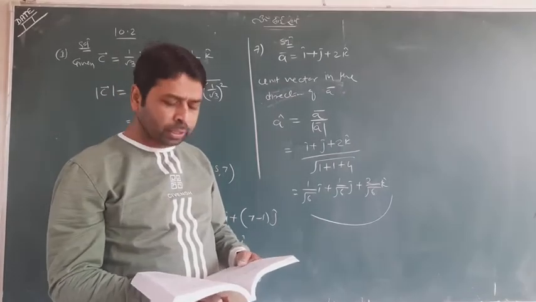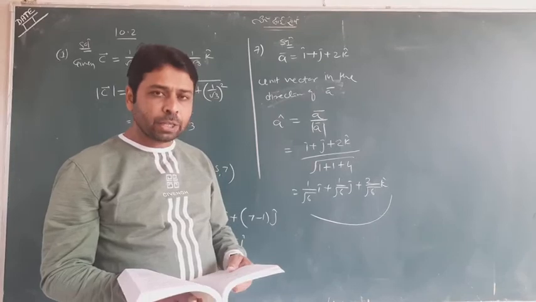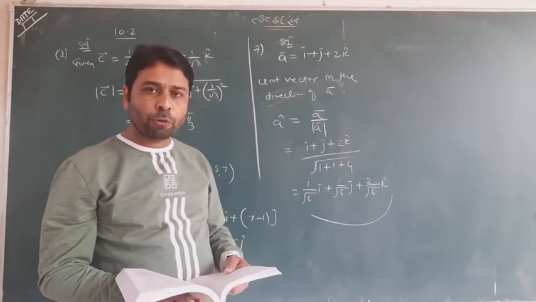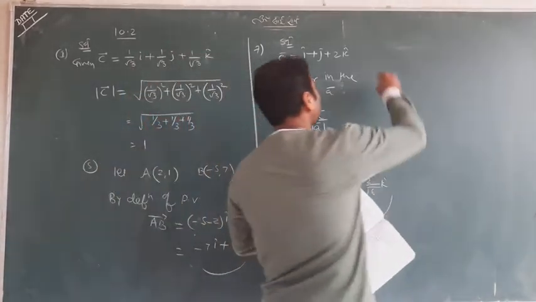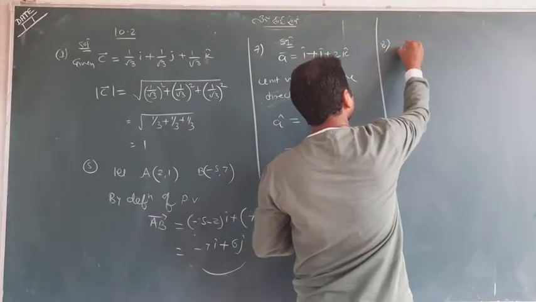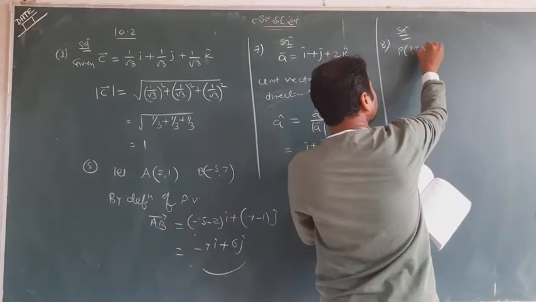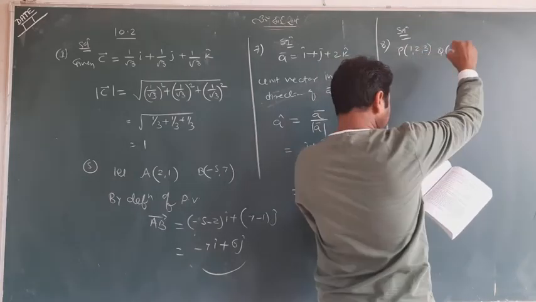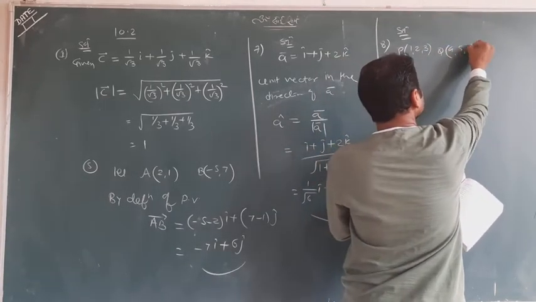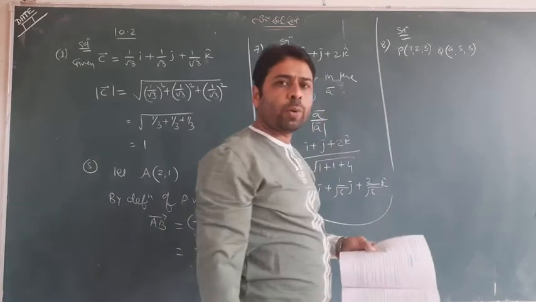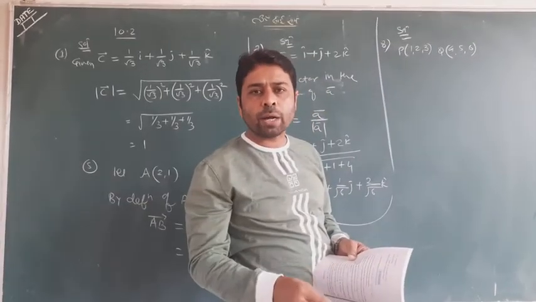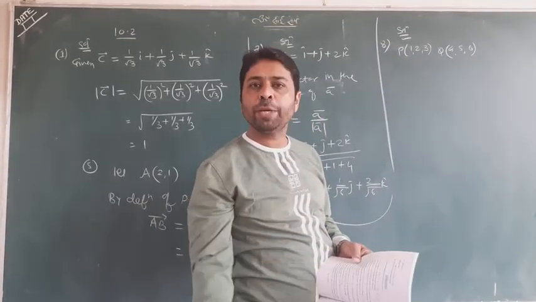Okay. Now question number 8 is just looking like that. Can you read? Find the unit vector in the direction of PQ where P and Q are given. Look at it. The solution starts from here. P is given as 1, 2, 3 and Q is given as 4, 5, 6. You are told to find the unit vector along PQ, so first find PQ.